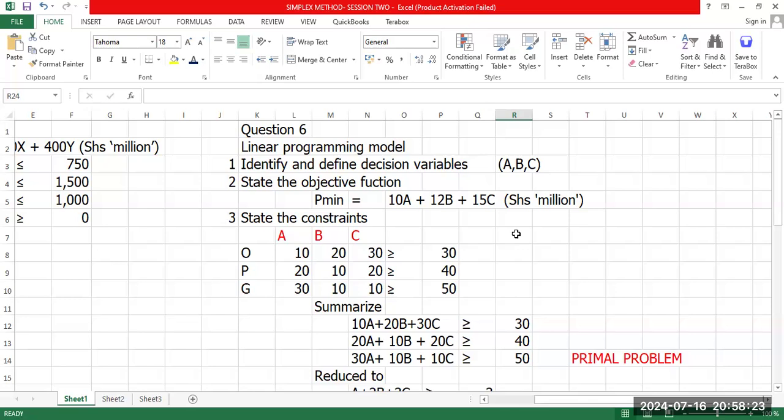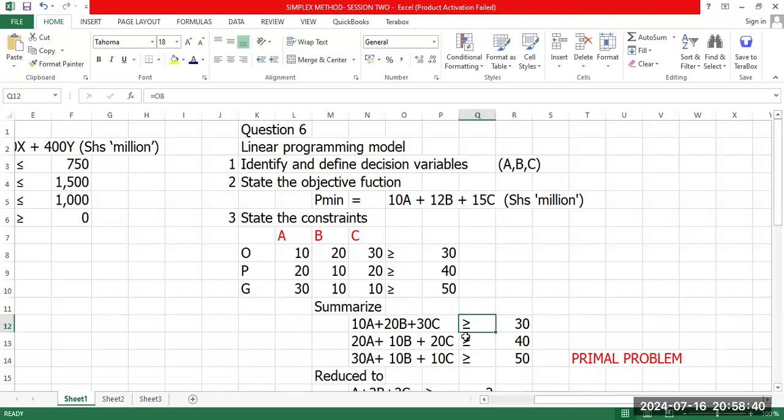And every time we are dealing with maximization as our objective, we expect these inequalities to be less or equal to.